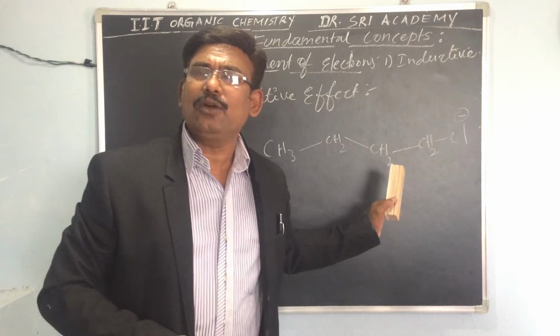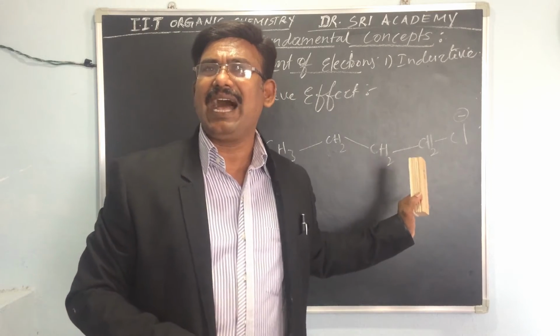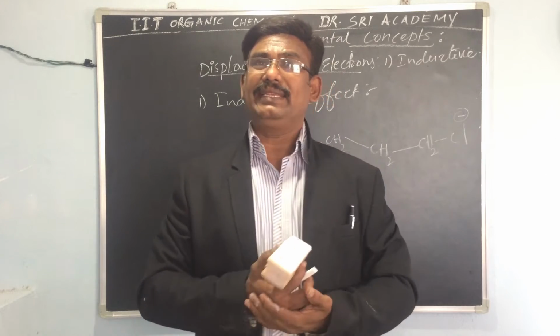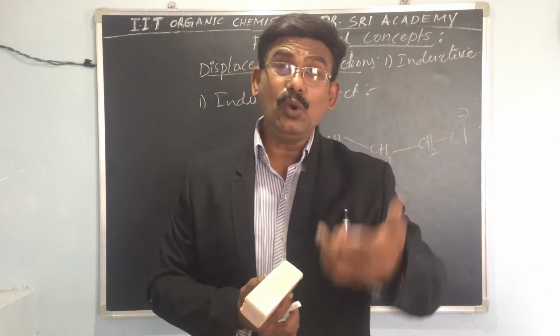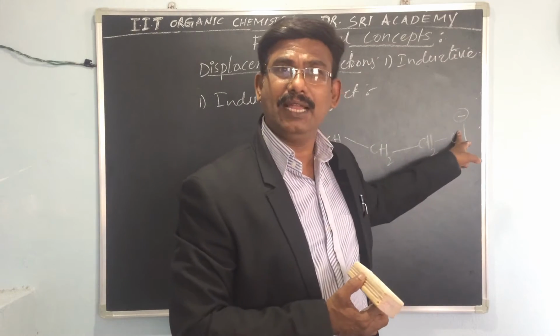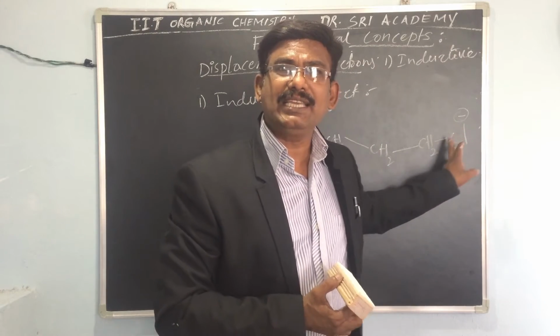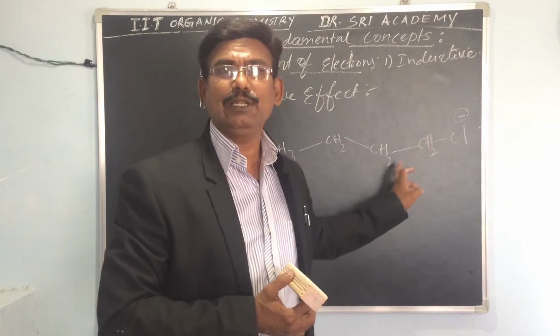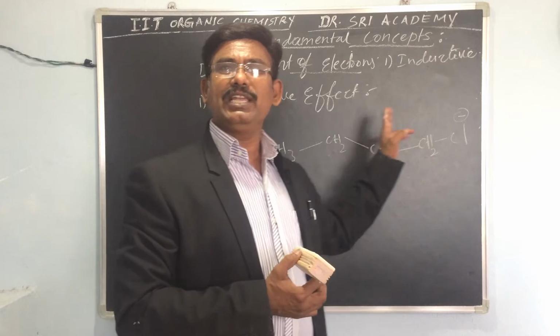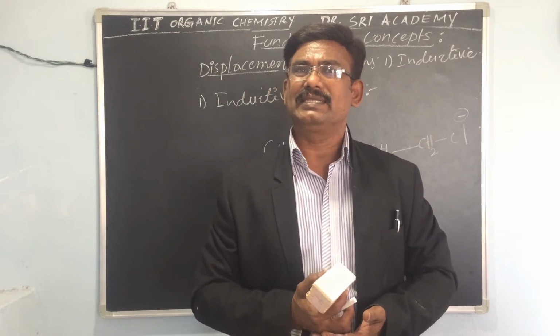So in butyl chloride, the electrons are withdrawn by the chlorine atom, which becomes partially negative. Carbon 1, carbon 2, carbon 3, and carbon 4 carry partial positive charges.